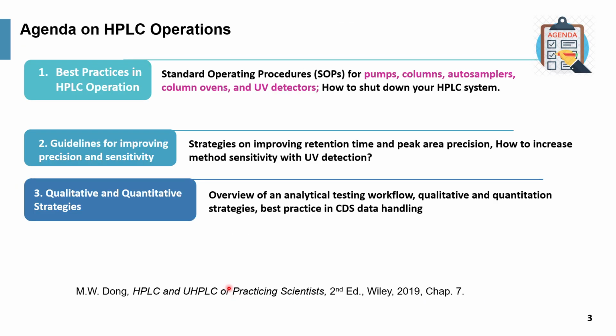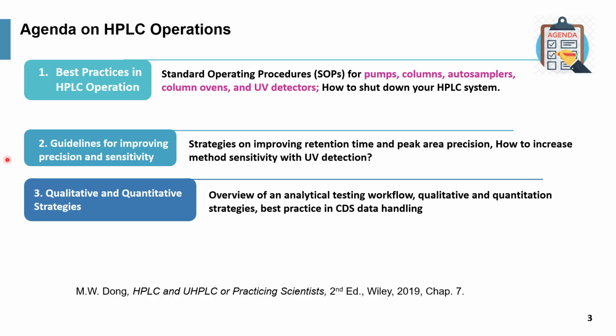Here is the agenda of today's video on HPLC operation, which is divided into three different segments. The first is the best practice on HPLC operation, including all the standard operating procedures, or SOPs, for the different major modules, including the pump, columns, autosampler, column oven, and UV detectors, and also how to shut down your HPLC system properly.